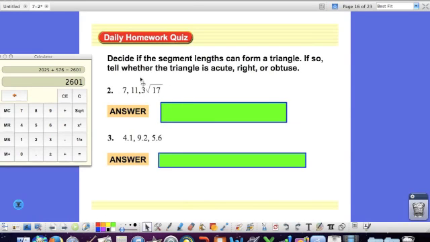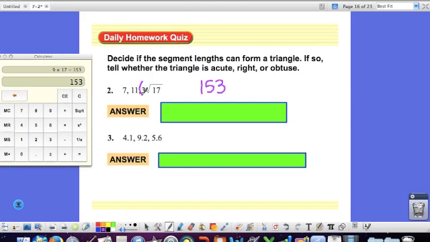Tell whether the segment lengths can form a triangle. If so, tell whether the triangle is acute, right, or obtuse. So just for approximation here, the square root of 17 times 3 is that number. So 7 plus 11 is greater than that. We can have a triangle here. So 3 squared is 9 times 17 is 153.